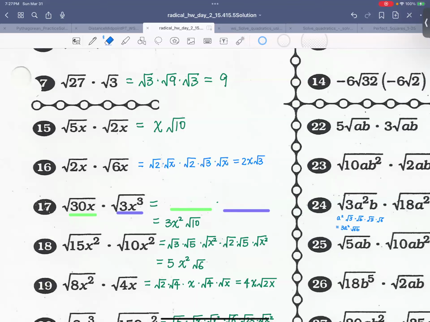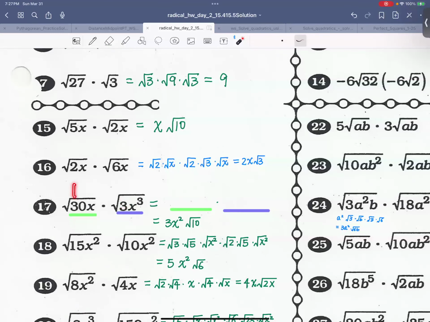Shirley, we are going to try this 17. Let's try this one here. Here is 30. 30 can be split by who and who? 5 and 6. True, you can do 5 and 6. But you see there is another 3 here.